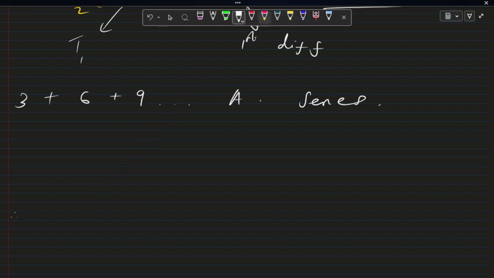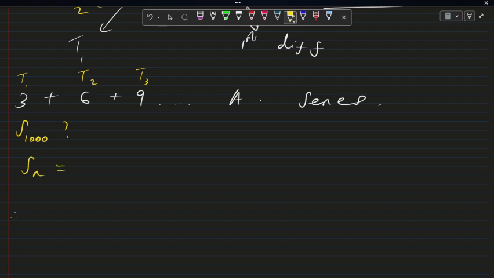In this particular situation, we know that this is T1, this is T2, and then this is T3. Now, my question is, we want to determine the sum of the first 1,000 terms.